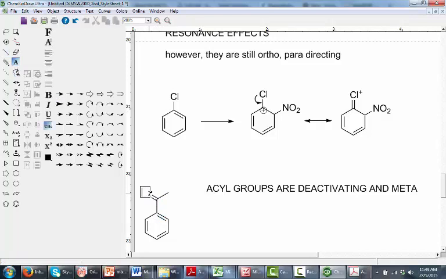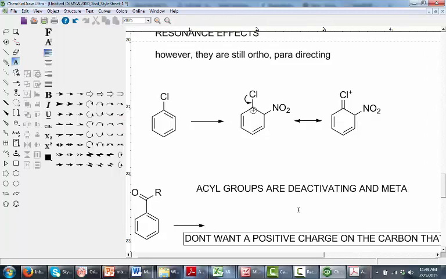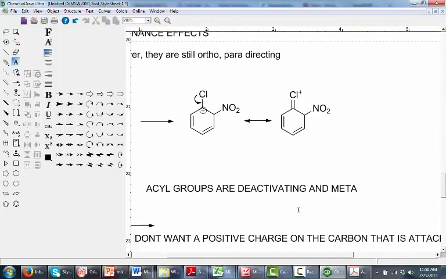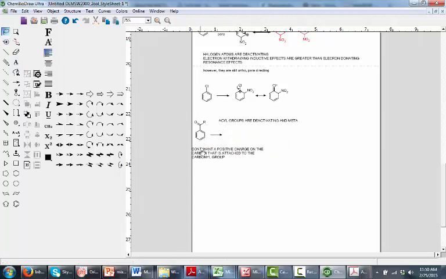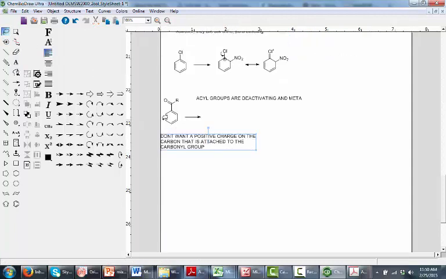For example, if I want to do this over here like so, what I specifically do not want is to end up with a positive charge on the aromatic carbon that is attached to the carbonyl group. I specifically do not want that to be the case, and that's why they end up with meta substitution patterns.